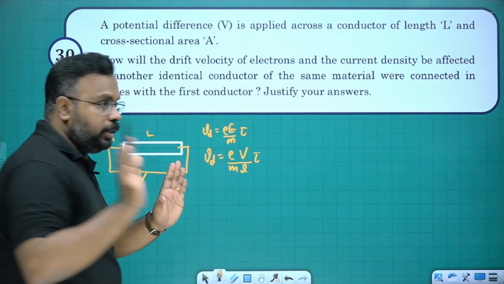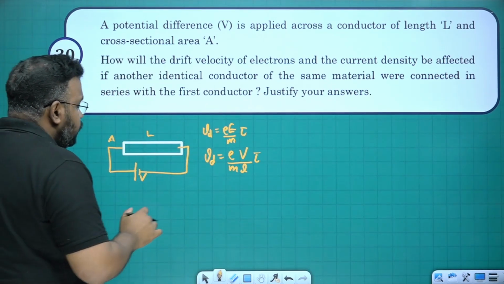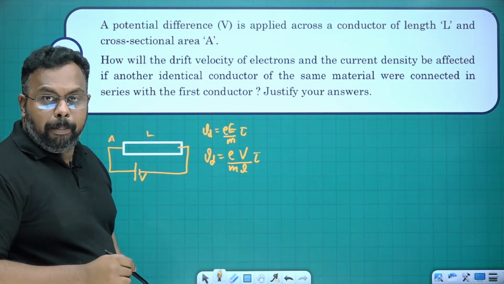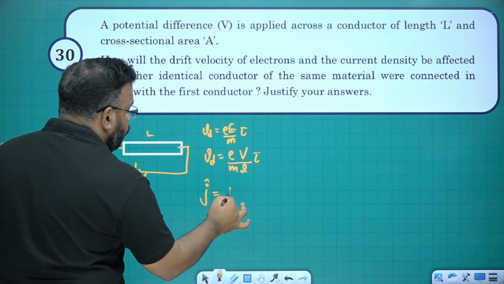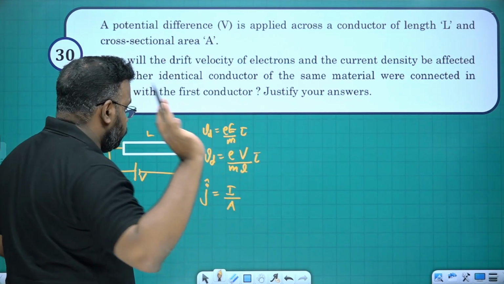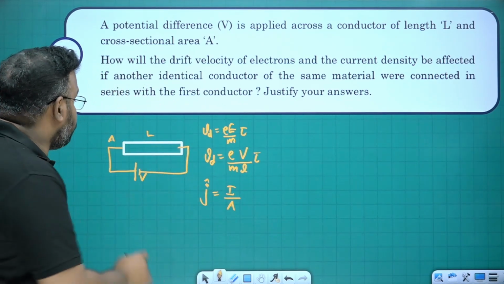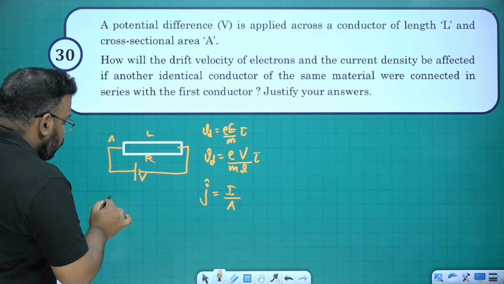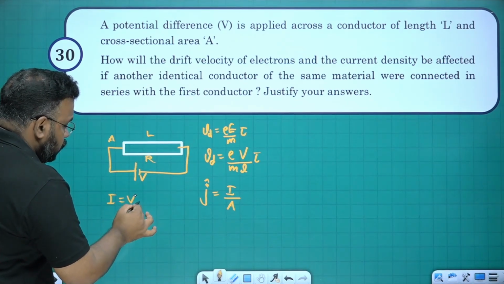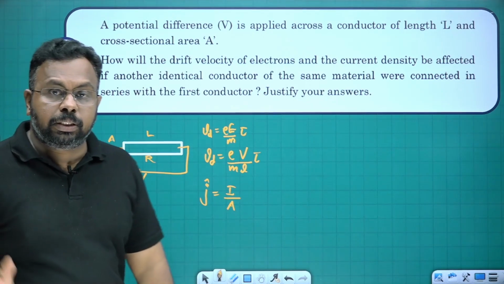This is the initial drift velocity. And what about current density? J equals I by A, where I equals V by R, taking the resistance of this wire as R. So this is clear now.